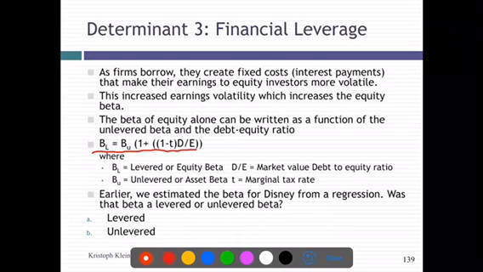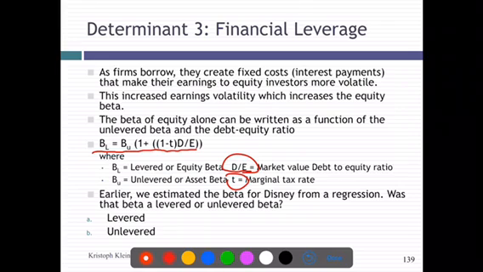So for instance, if I know that Disney has a beta of, let's say, 1.1 when there's no debt, I can use this information to figure out what the beta will be when the debt-to-equity ratio is 10% or 20%. Because the only things I need to know are the debt-to-equity ratio and the marginal tax rate.